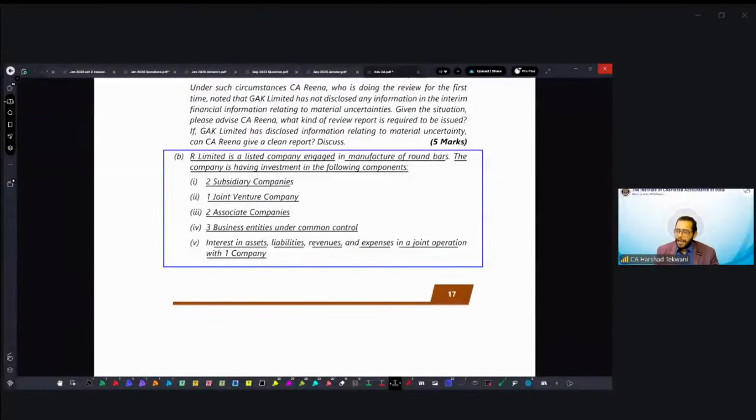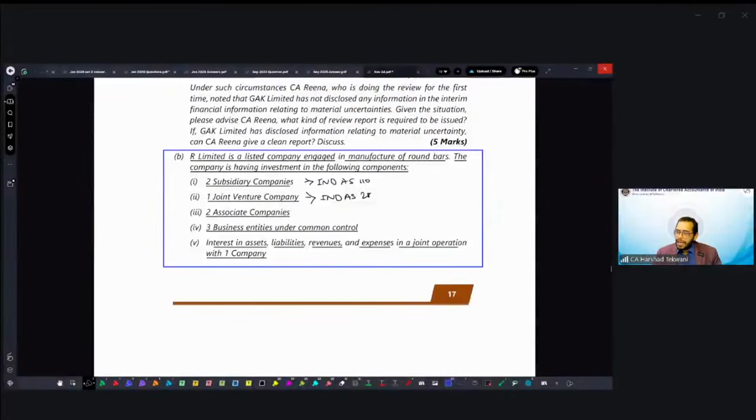Let's discuss from the perspective of Ind AS. For subsidiaries, yes, I may apply Ind AS 110. For the joint venture, don't you think I should apply Ind AS 28, Investments in Associates and Joint Ventures? Yes or no?